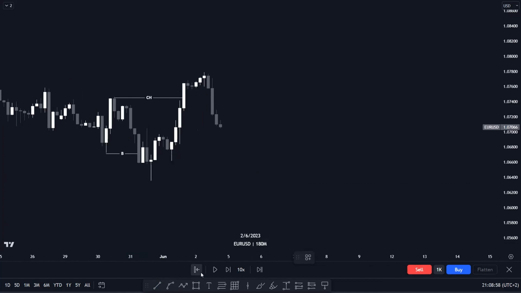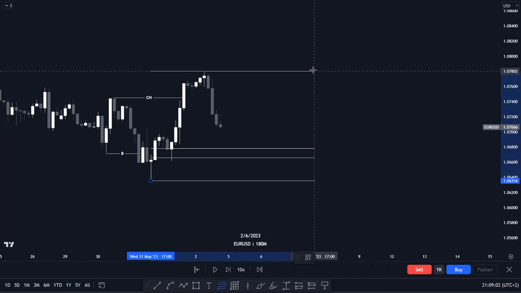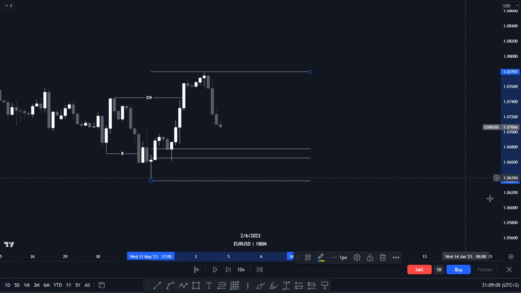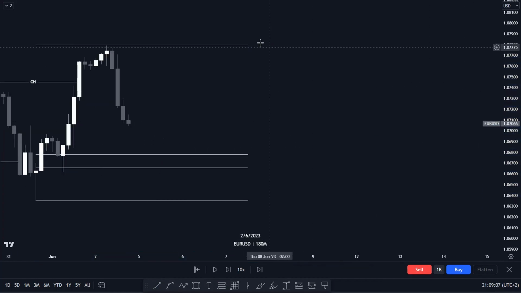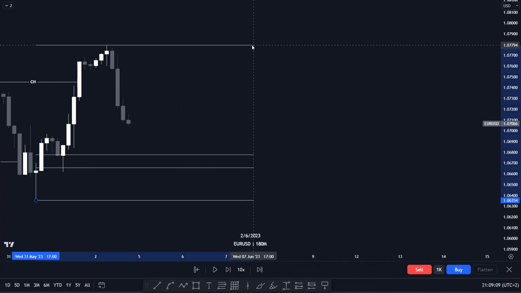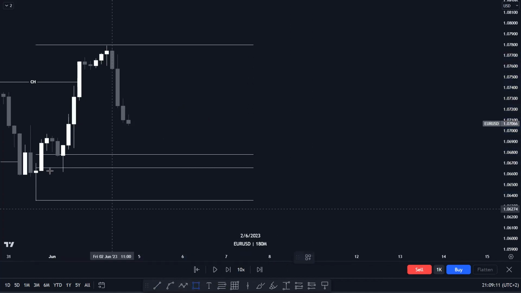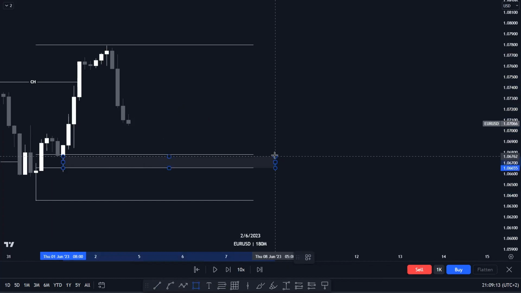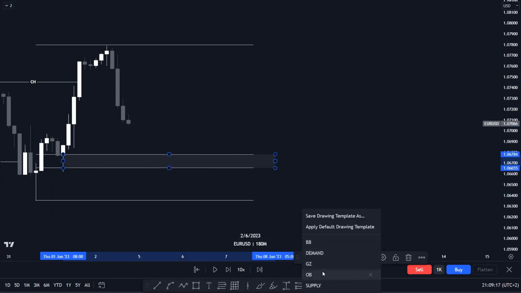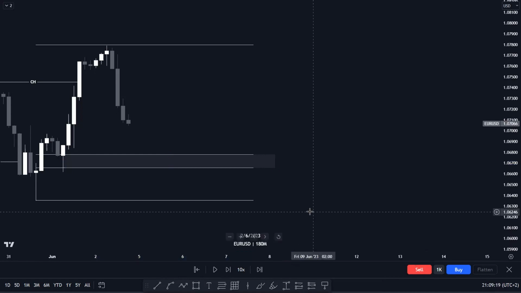Now we're going to take our golden zone from our low to our high, and it's going to give us our zone. And that's where we'll be looking to take our entries from.